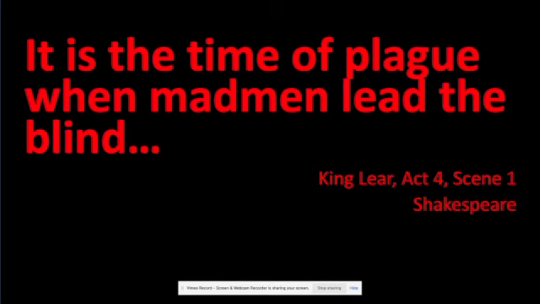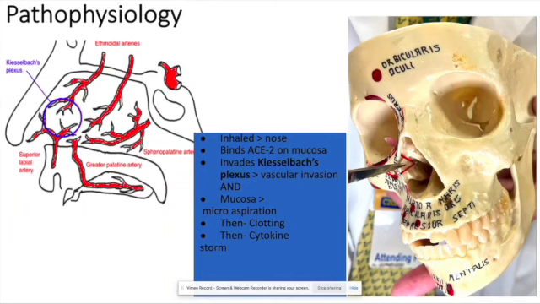So what we want to attempt to do is bring a little bit of order and understanding to the pathophysiology of the initial infection with coronavirus 19. On the left side, we have a schematic, and here you're looking at a lateral section drawn through the nose.